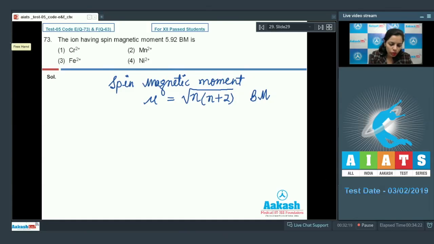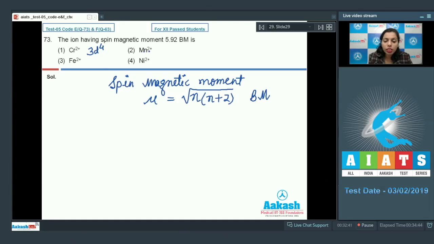If I talk about the first species, that is Cr2+, the atomic number of chromium is 24. We know that. It means in the case of Cr2+, there are a total of 22 electrons and the configuration becomes 3d4. The unpaired electrons are 4 in this case.